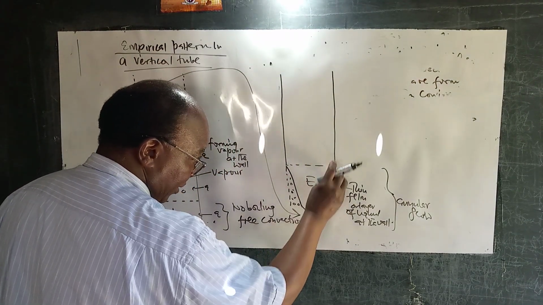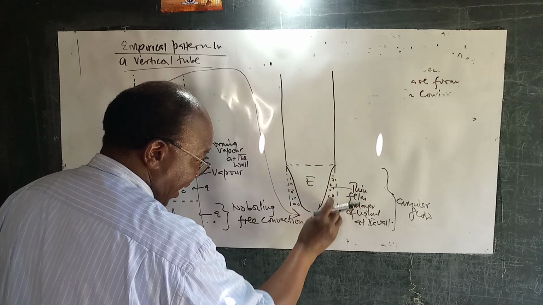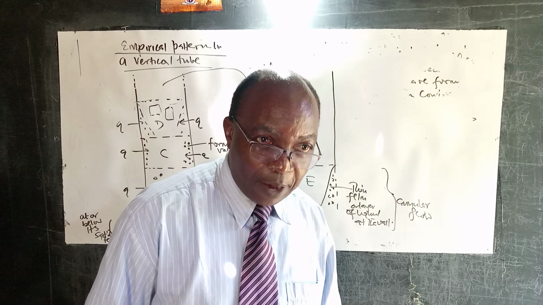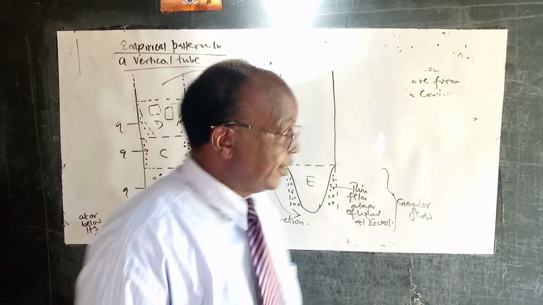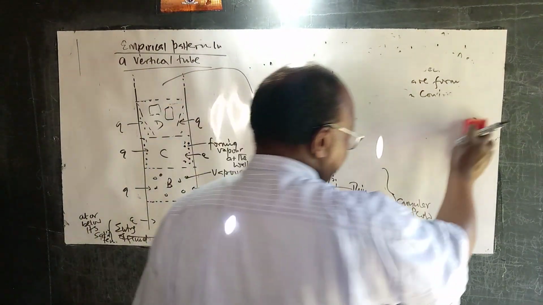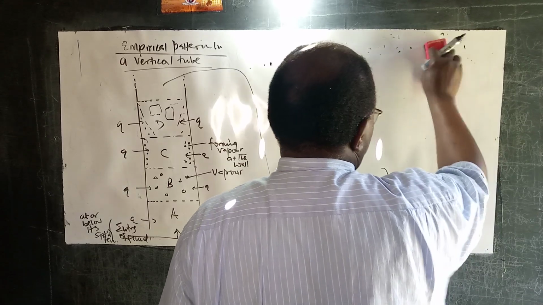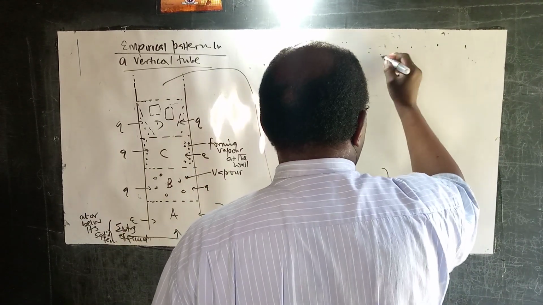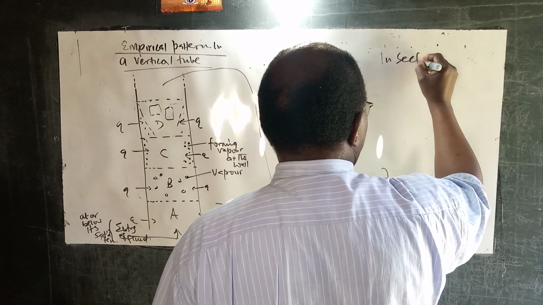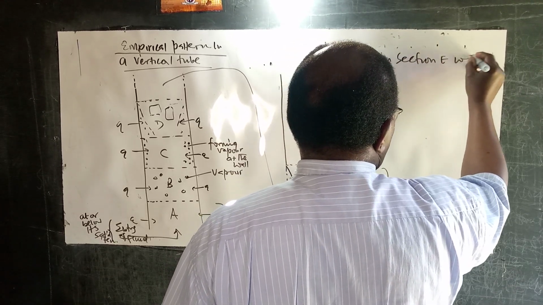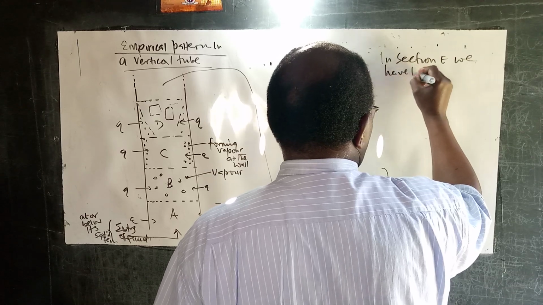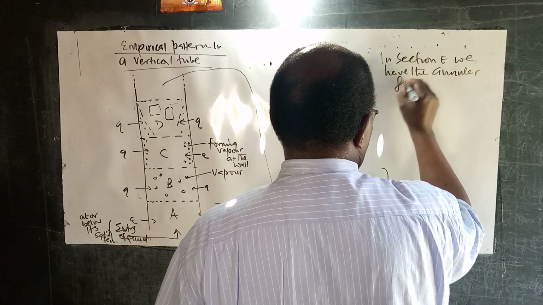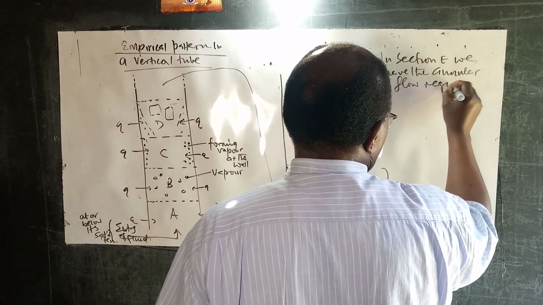And now that is going to create some problems as you continue heating. So let's write in section E, we have the annular flow regime.